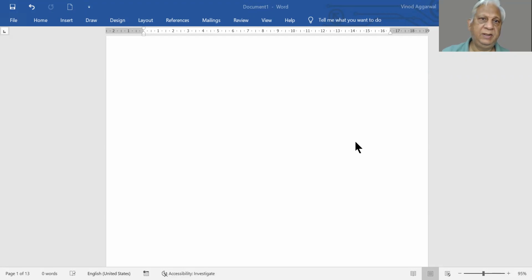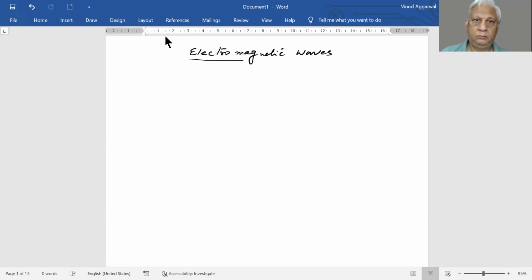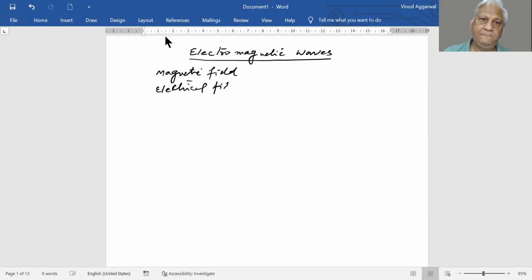Today's topic is electromagnetic waves. Now we have seen magnetic field, we have seen electrical field, but we have never seen a situation wherein both are present together usually.